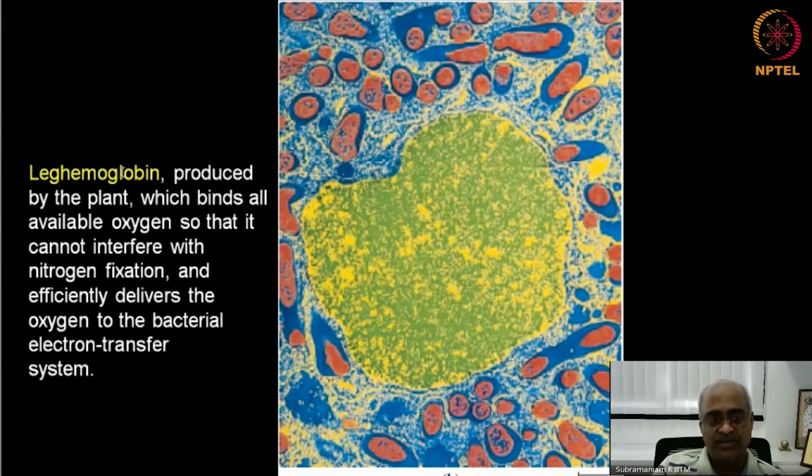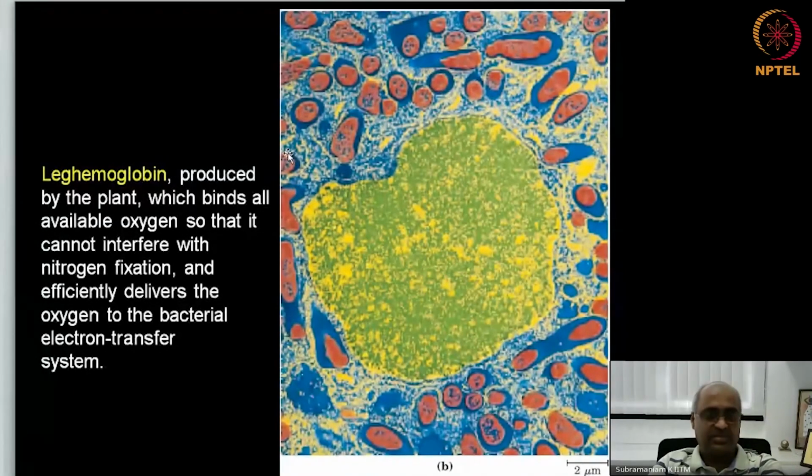By doing this, not only does it protect the nitrogenase from oxygen, it also efficiently delivers the oxygen to the bacterial electron transfer system. Remember oxidative phosphorylation to produce energy. So therefore oxygen is made available for that electron transfer reaction, and there it becomes water. So leghemoglobin's main job is to protect the nitrogenase complex from the toxicity of oxygen.